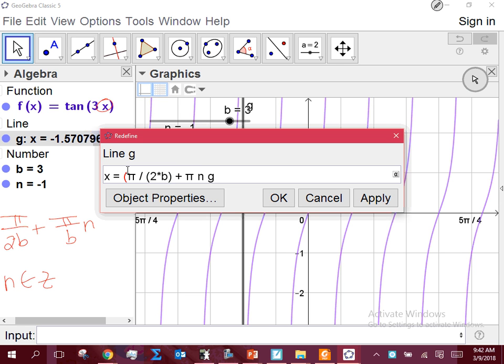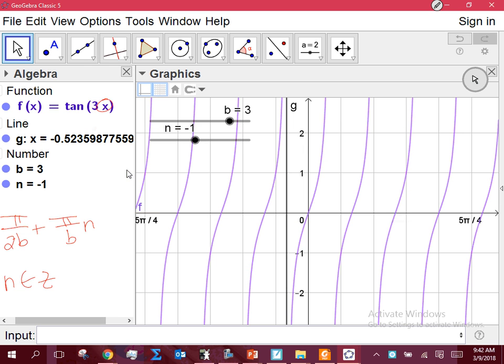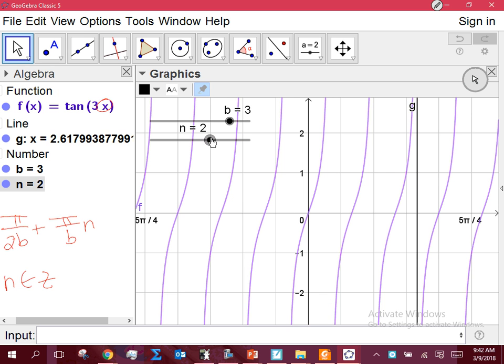Plus then pi over b times n, and I don't know what that g right there is, so we'll just delete it. Hit OK. And let's see if, when I move this, it gives me those necessary asymptotes.